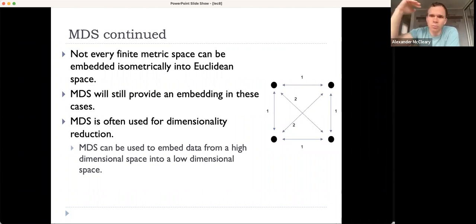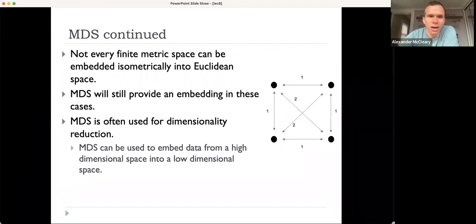The higher dimension you pick, the better the MDS embedding will be. But the more complicated the embedding will be, right? Something embedded in 4-dimensional space is much more complicated than something embedded in 2-dimensional space. So there's a trade-off there. There's a balancing act, but it's nice that we have that choice, right?